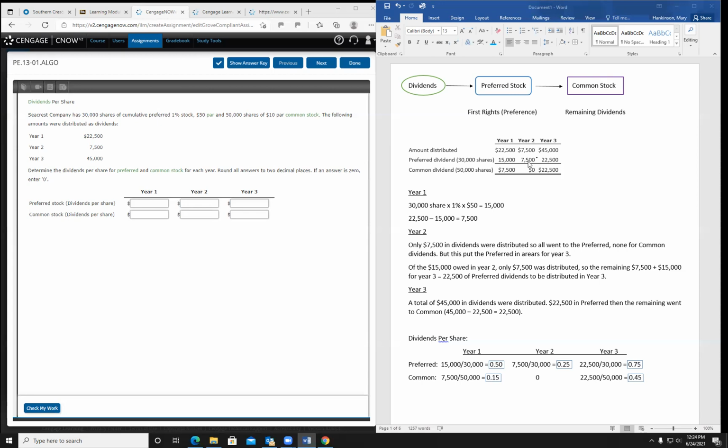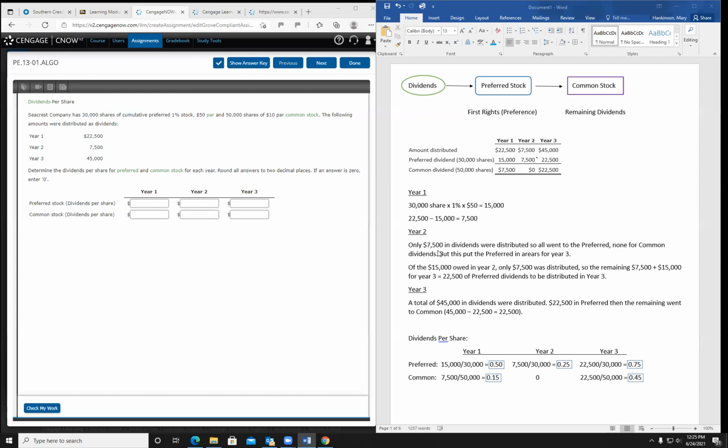So all 7,500 went to preferred because every year they owe 15,000 in preferred dividends based on this calculation right here. But that's not the end of it. Now we're in what they call arrears for the preferred stock because we owed them 15,000, but only distributed 7,500.